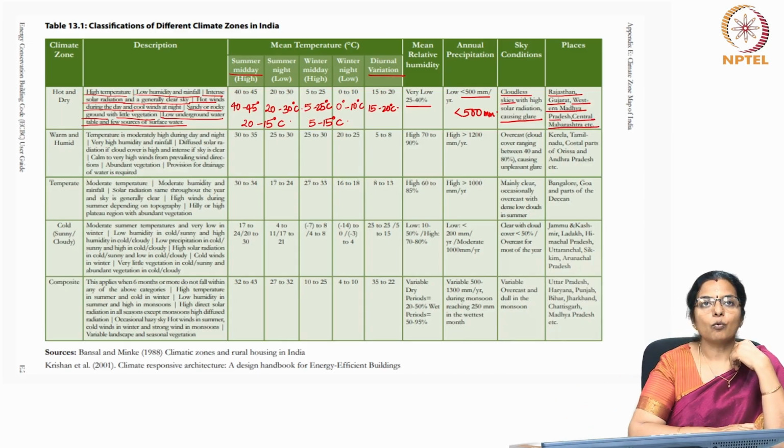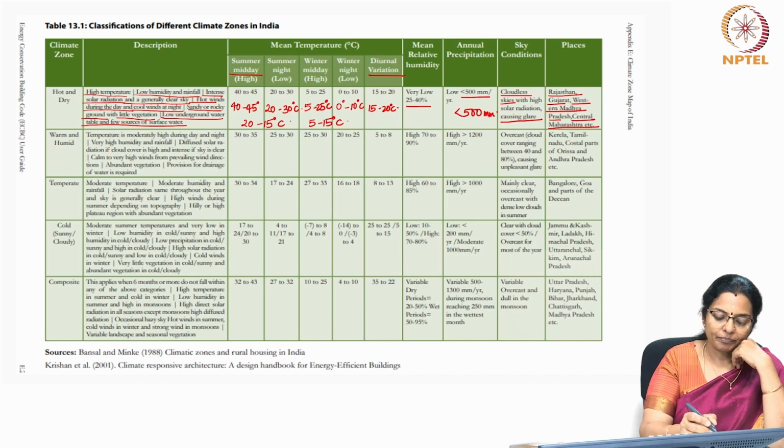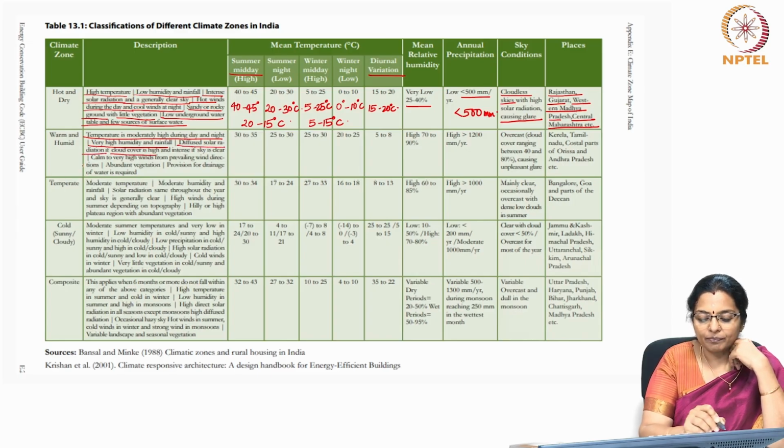Then we have the warm and humid climate. In warm and humid climate zones, temperature is moderately high during day and night. Very high humidity and rainfall. There is diffused solar radiation if cloud cover is high and intense if sky is clear.